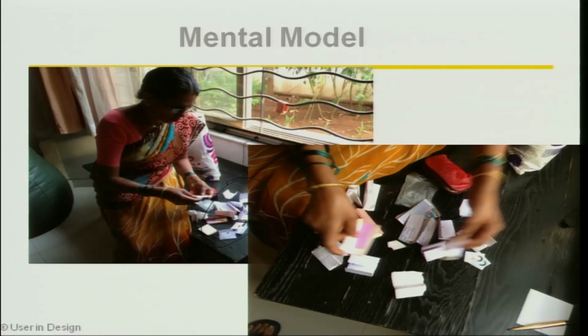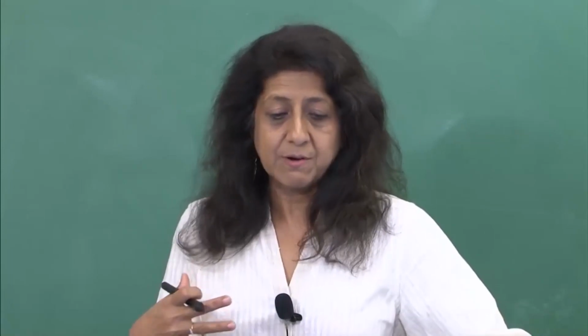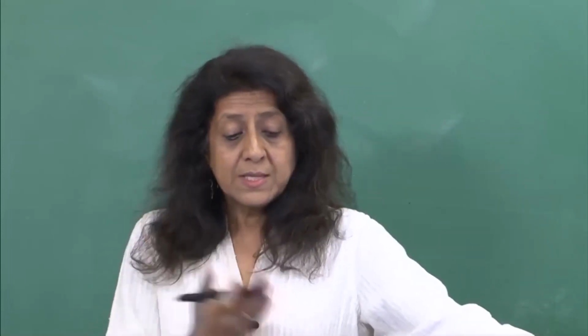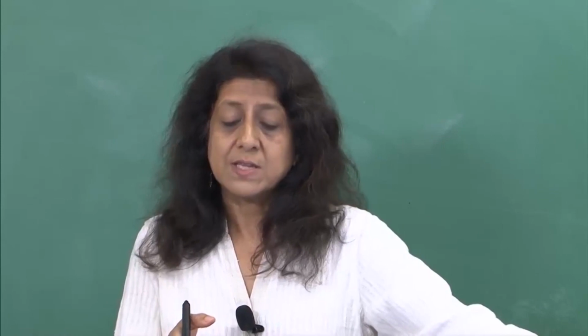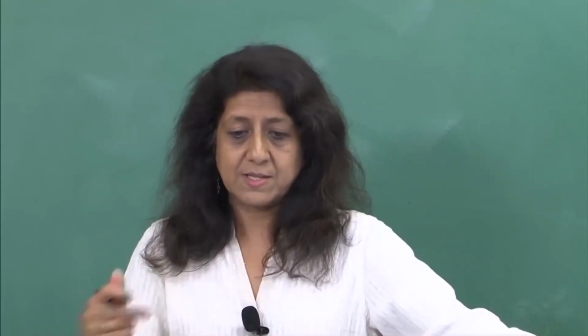Now, if we, in designing for this kind of user, which people seldom do, if we were cognizant of this, then perhaps we would come up with a very different model than expecting her to conform to the contacts the way it is designed in the cell phone, right? So this is her mental model of contacts, very, very different probably from your mental model of contacts, right?